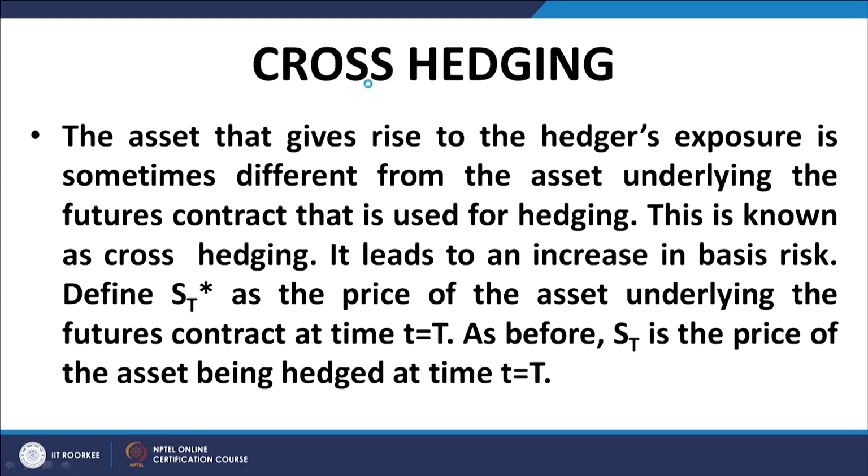Now, when we talk about cross hedging, another factor that contributes to the basis risk comes into play, a factor that relates to the prices of the underlying asset of the futures contract vis-a-vis the prices of the exposed asset. Let me explain it.